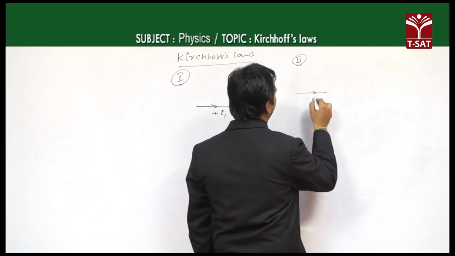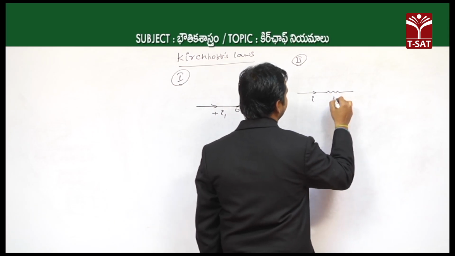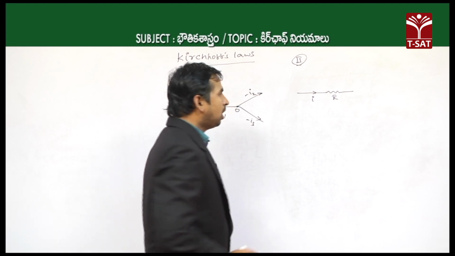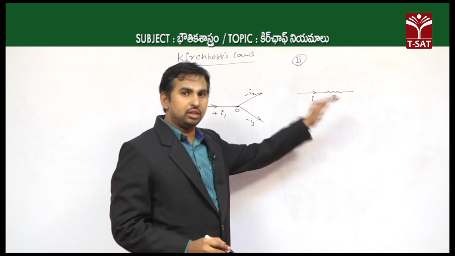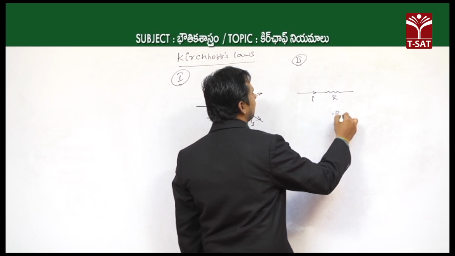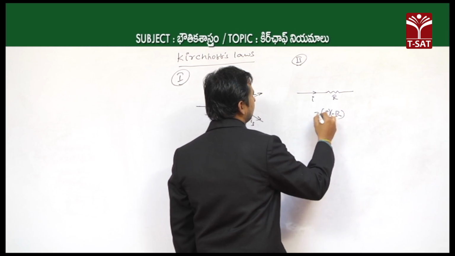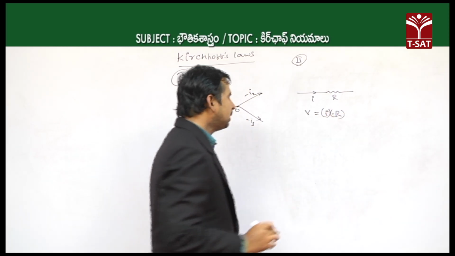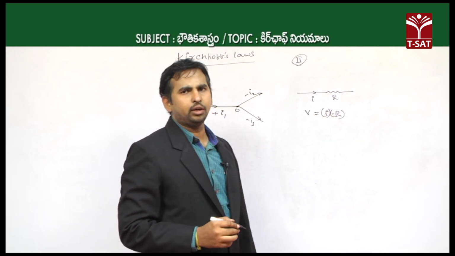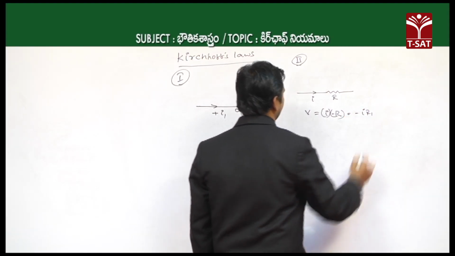If you are in the direction of current and there is a resistance across it, then we take the drop as minus R, which means V is equal to I into minus R, that is, minus IR.